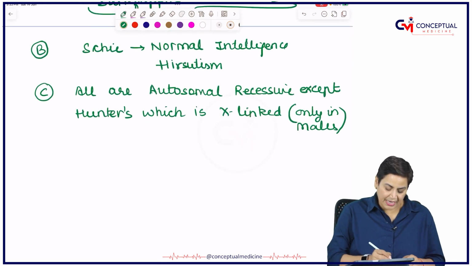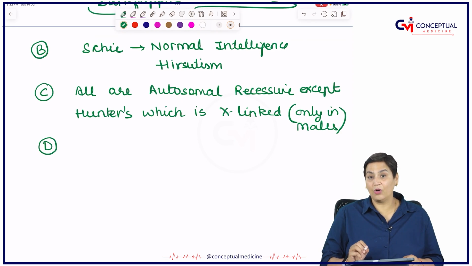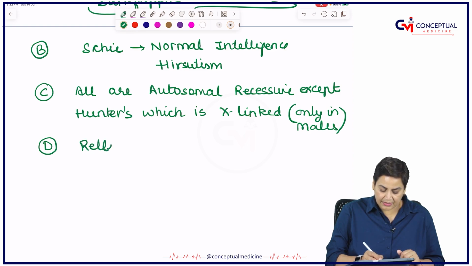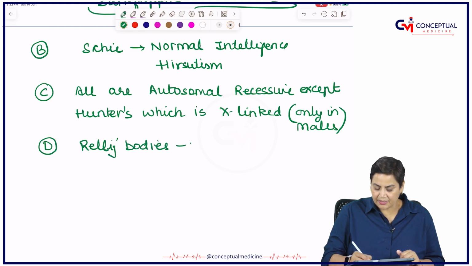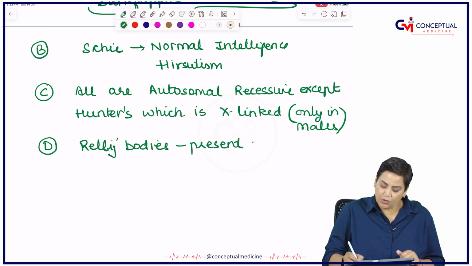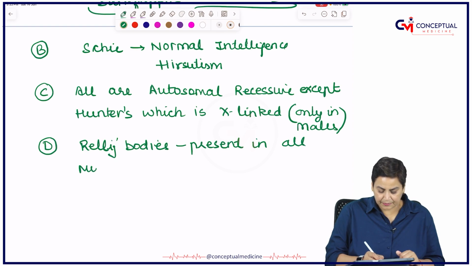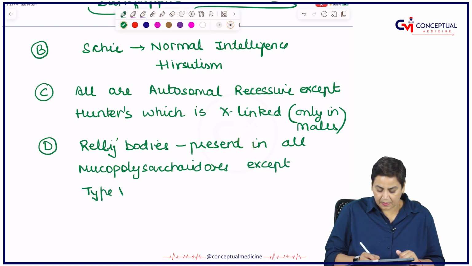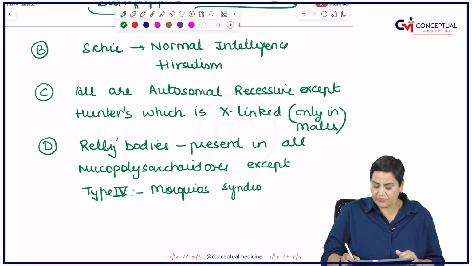So these are the three important points, and the last point is that Reilly bodies are present in all mucopolysaccharidoses except type 4, Morquio syndrome. The rest will be similar in all the cases.